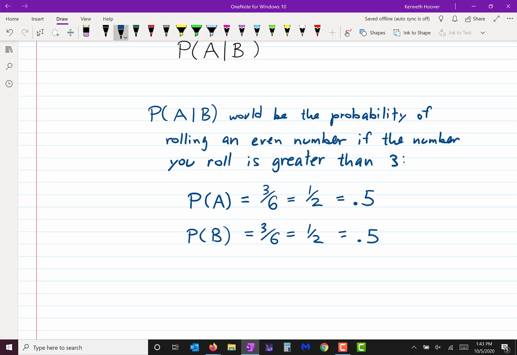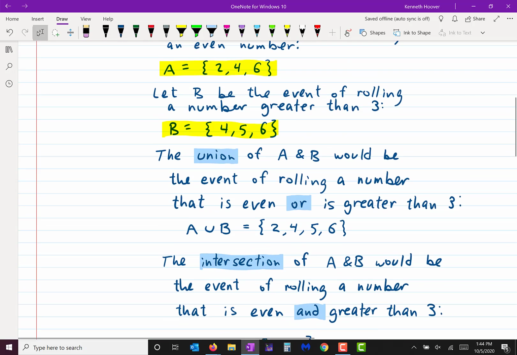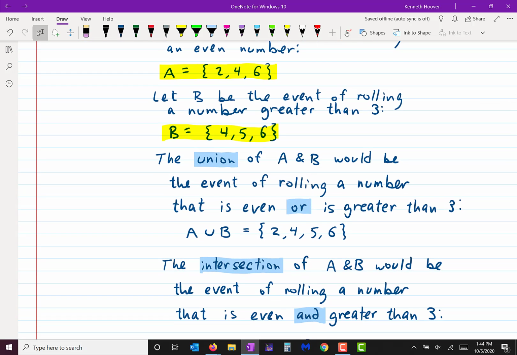Let's practice finding the probability of their intersection and union. There's the union. Here's the intersection. So let's go up and look at those two. The union of A and B has 4 elements.